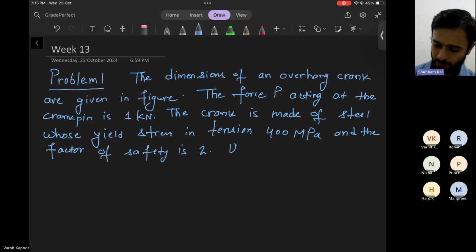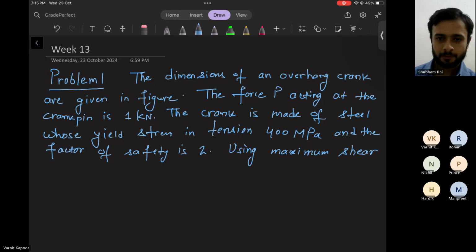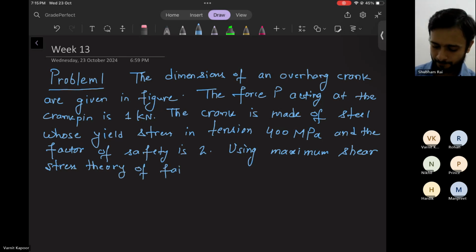So what you have to do is, using the maximum shear stress theory of failure, you have to determine the diameter.